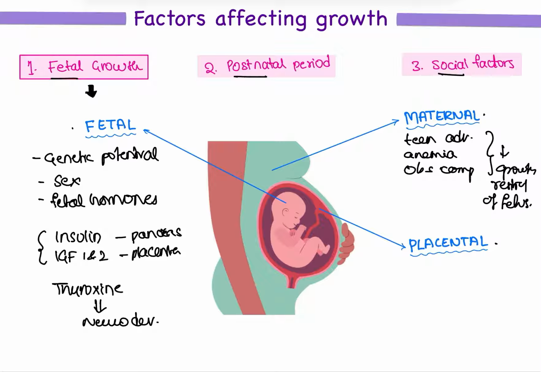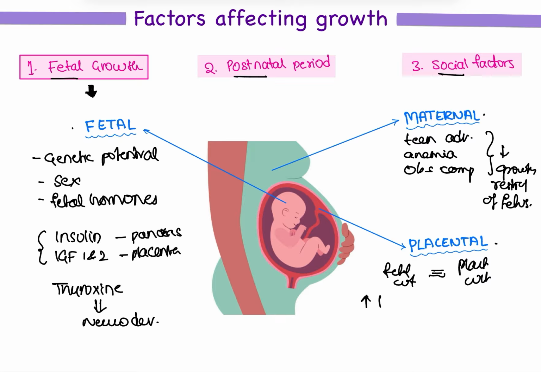The placental factors. So the fetal weight is directly proportional to placental weight at term. There are certain changes in the placenta that help in more efficient adaptation.